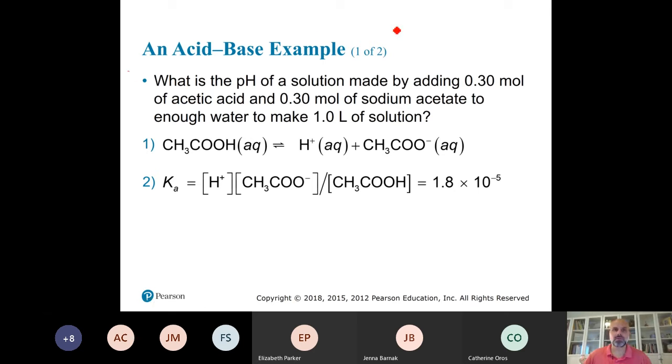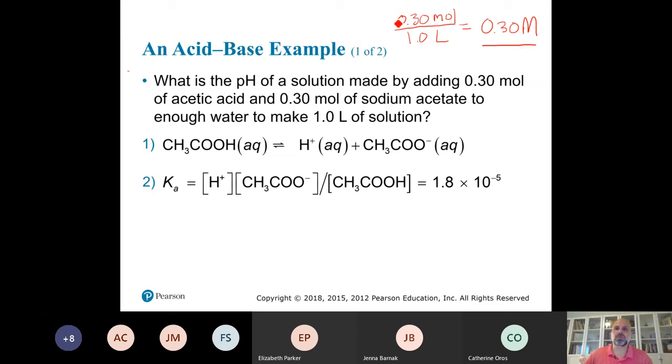So we have our 0.30 moles of our substances, and we're dividing that by a 1.0 liter solution, which just equals a 0.30 molar solution. So just recognize that there was a transformation that occurred between each of these steps.